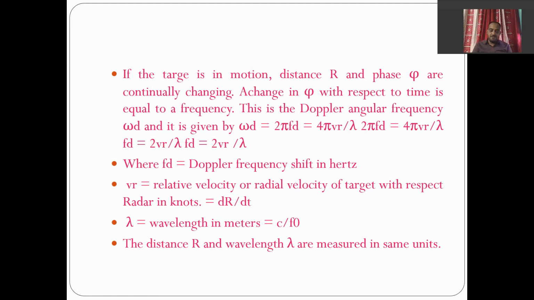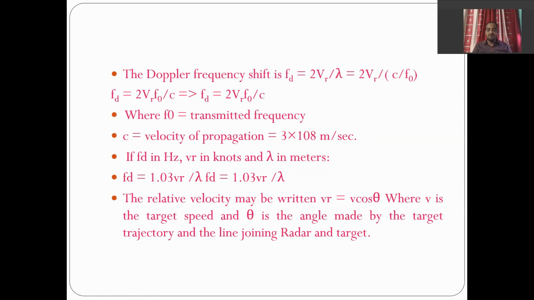If you replace lambda with c by f naught in the Fd equation, Fd is equal to 2 Vr by lambda, so 2 Vr by lambda is equal to 2 Vr f naught by c. So Fd is equal to 2 Vr f naught by c, where f naught is the transmitter frequency.